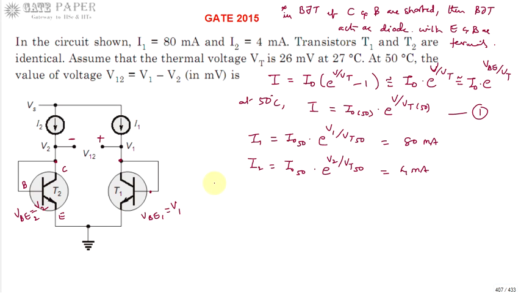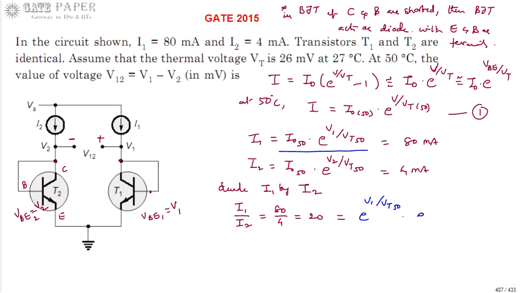Now take the ratio. I1 by I2 is 80 by 4, which is 20. On the other side, I0 of 50 cancels, so you get e power V1 by Vt at 50 into e power minus V2 by Vt at 50.